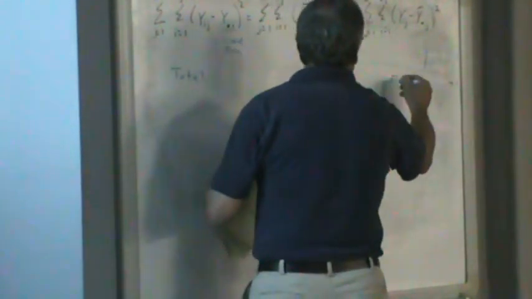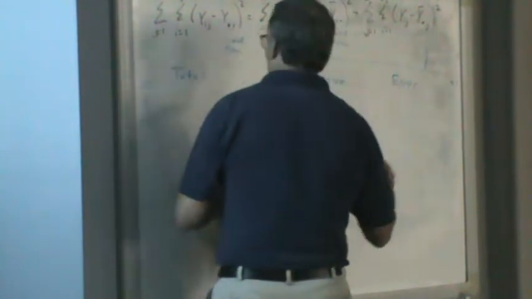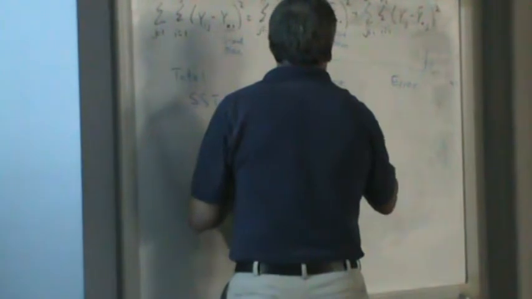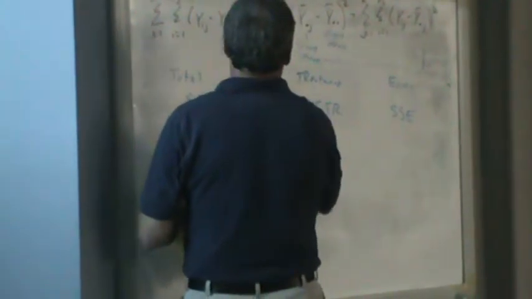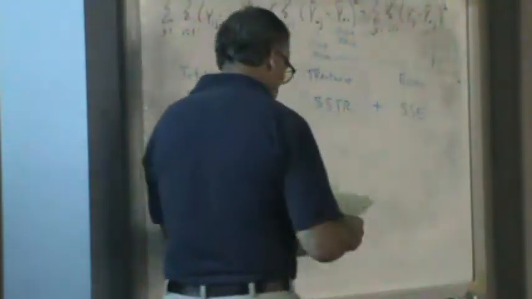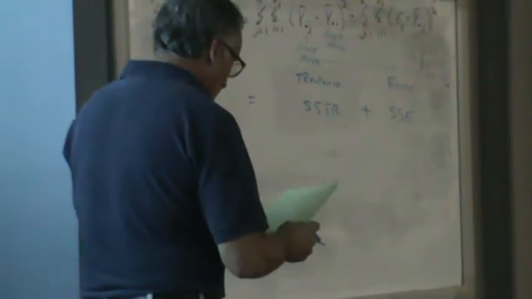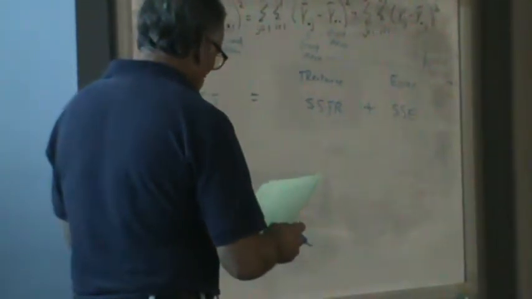This is the error. Okay. So now we're going to call this the sum of squares total, sum of squares treatment, sum of squares error. So sum of squares total equals sum of squares treatment plus sum of squares error. All right, so we've broken it up like that.